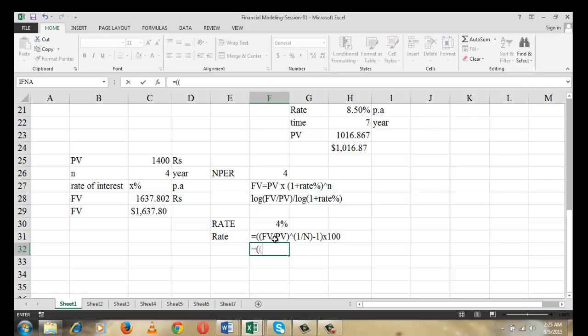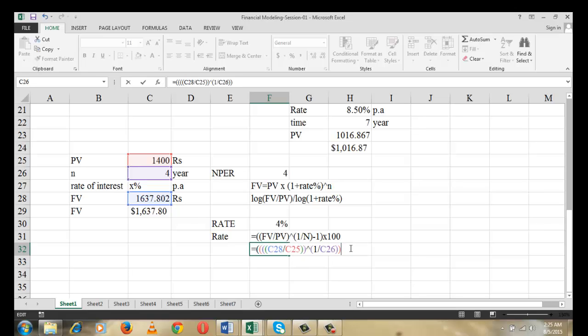So future value by present value, then to the power 1 by n. N is 4 years. Close this.